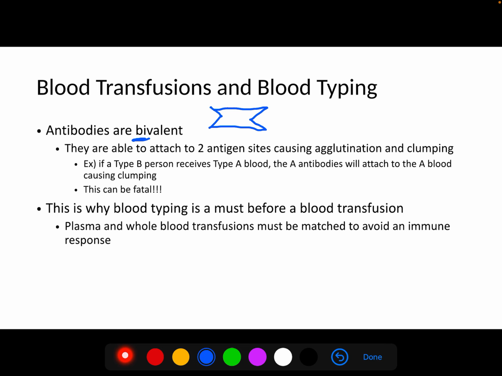And this is where people were dying from blood transfusions due to this allergic reaction. So for example, if a type B person, I'm going to draw this at the bottom. So our B blood cells had triangles, and then it had the A antibodies, which were like the squares. If they're given type A blood, whenever someone receives blood, they're only receiving the red cells.